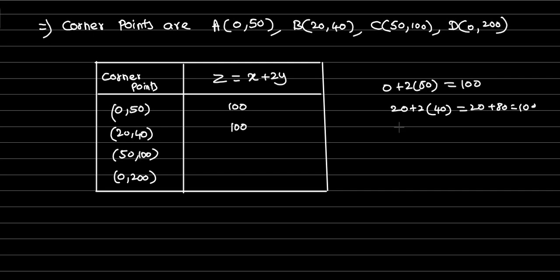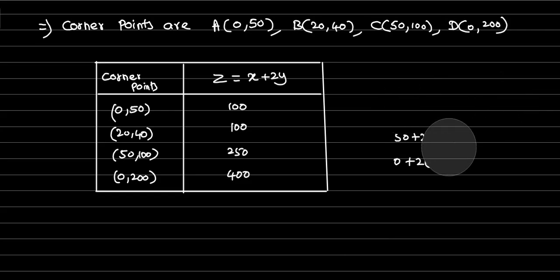Next, x as 50 plus 2 times 100, so 50 plus 200 is 250. Now substituting the last corner point, x as 0, y as 200, 2 into 200 is 400. Now compare the results.